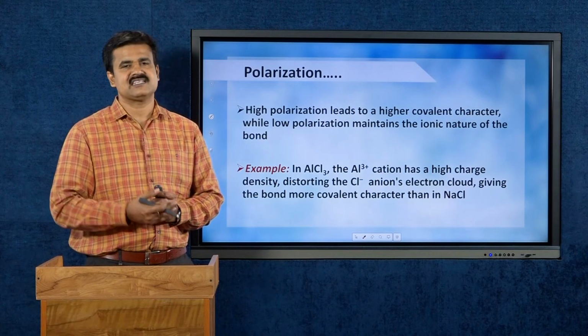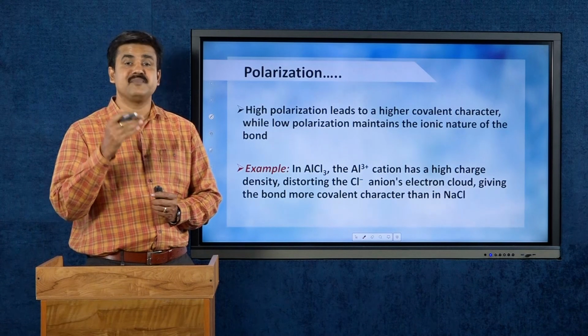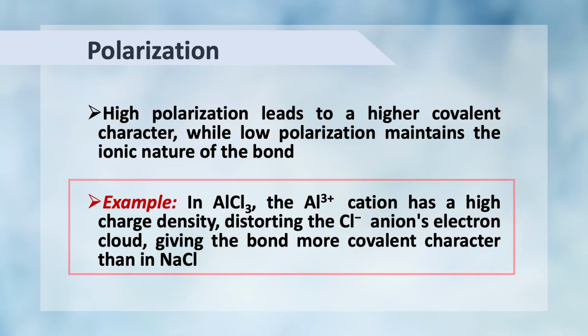So, we can simply say that in NaCl there is maximum ionic character because there is minimal polarization, and in aluminum chloride, Al3+ polarizes Cl- ions more, and hence there is more covalent character in aluminum chloride.